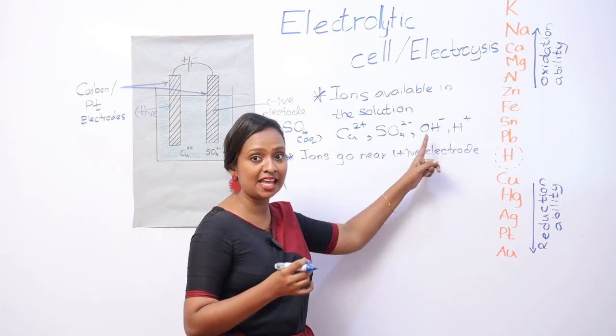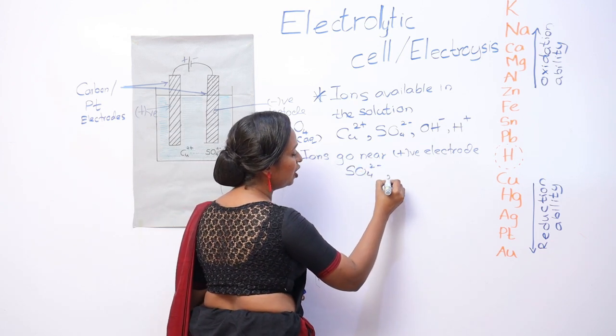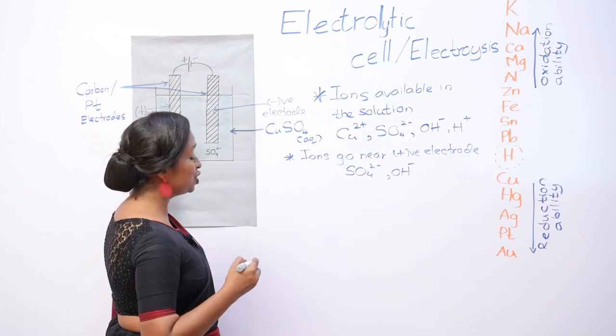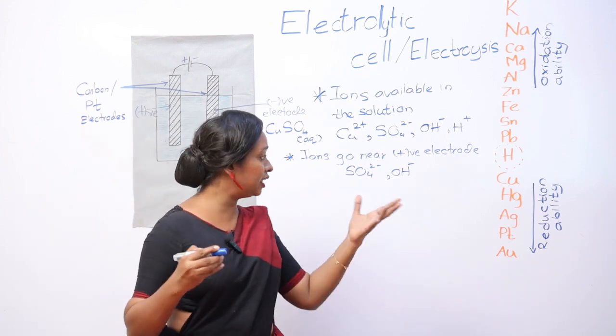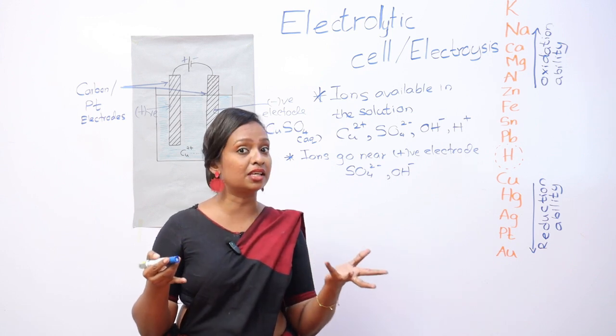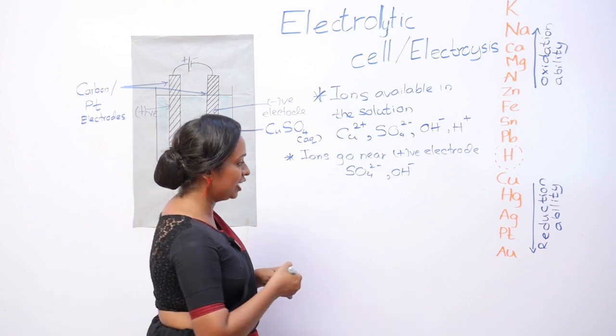So sulphate, SO4 2 minus, and OH minus go to the positive electrode. They have excess electrons, and they do not like to bear these excess electrons. They want to remove these negative electrons.